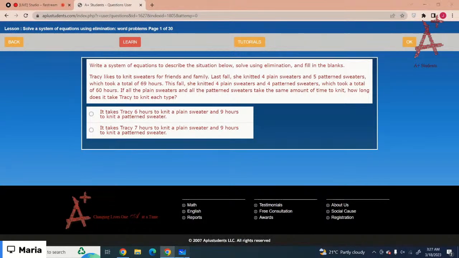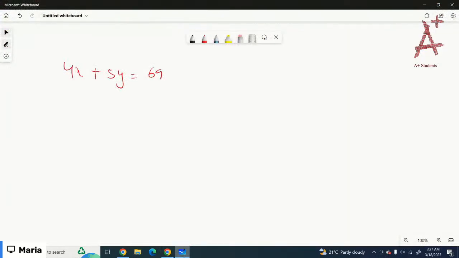Got it? So let's just solve the equations. We can subtract both the equations, because x has the same coefficient, so you can cancel out x. 4 minus 4 is 0. 5 minus 4 is 1. It would be 69 minus 60 is 9.